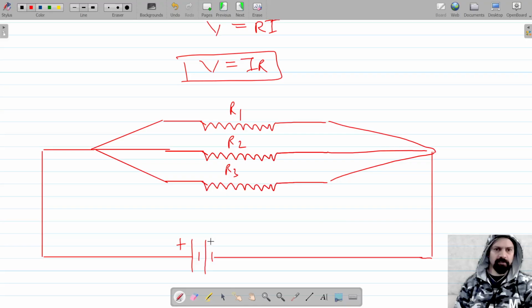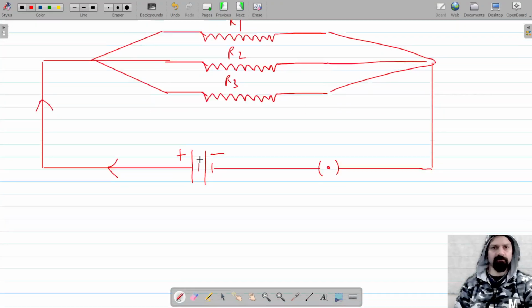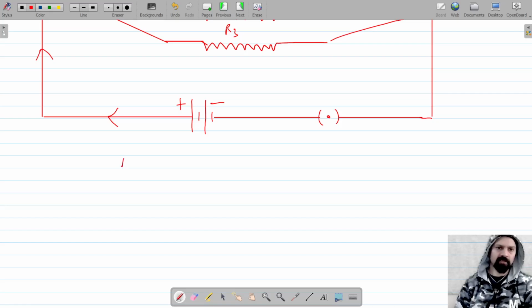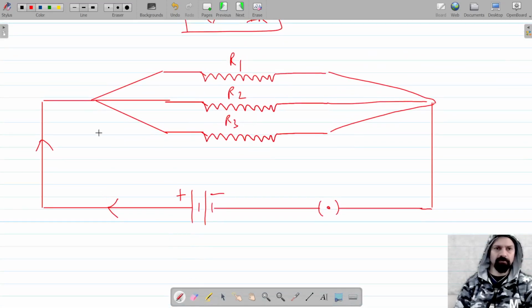Okay, now the current is flowing in this direction, and let there be a key. इन सभी में करंट जो है वो डिवाइड हो जाएगा.